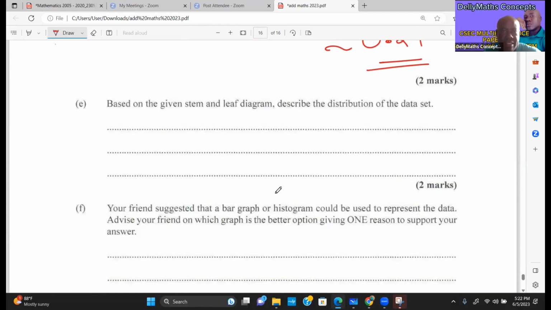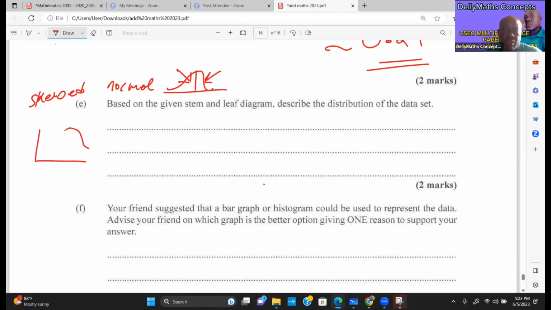Based on the given stem and leaf, describe the distribution. So when they said describe, you want to look at how it is skewed. Is it a normal distribution? And when we have a normal, there's a balance in the data. The left side is equal to the right side. There is a case where it could be negatively skewed.